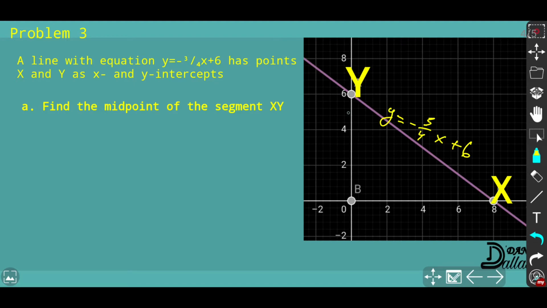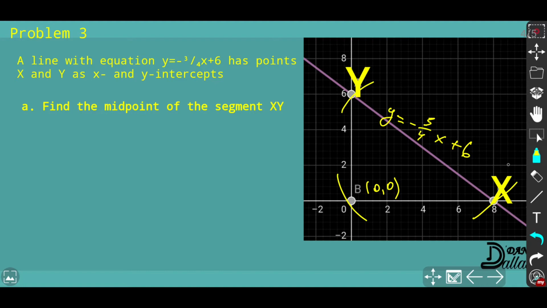So it means that the circle should go through that point, because point B in this case is going to be the origin, right? (0, 0), and also this point. Okay, so that's going to be the circle.